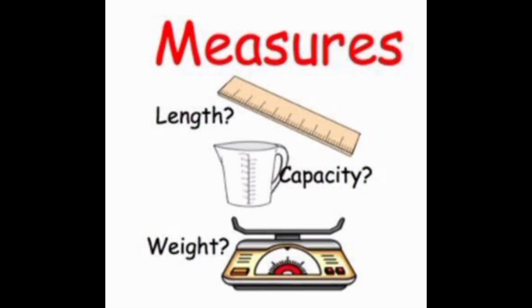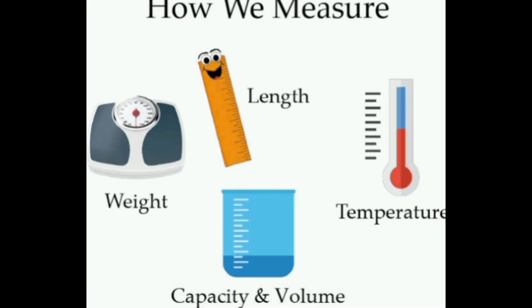So for measuring length we use a scale, for capacity we use beakers or measuring cups, and for weighing we use a weight machine. This is used for vegetables and all those solid items. Then we will see how we can measure with them.